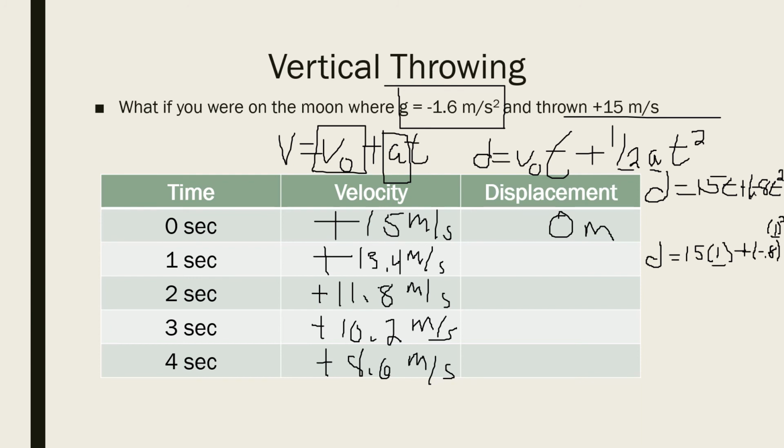The only difference is that instead of negative 9.8, now we're going to use the gravity of the moon. So of course, this is going to become 14.2.